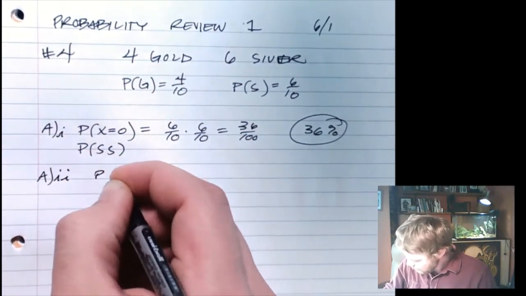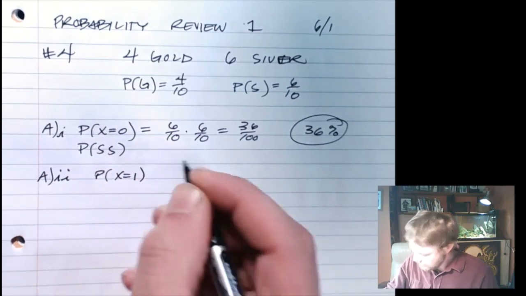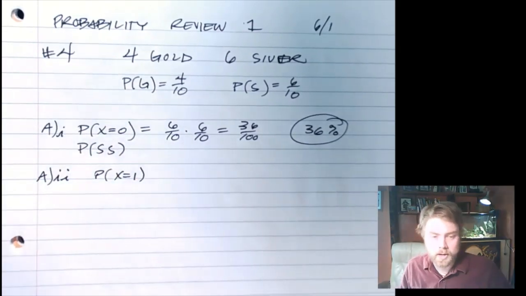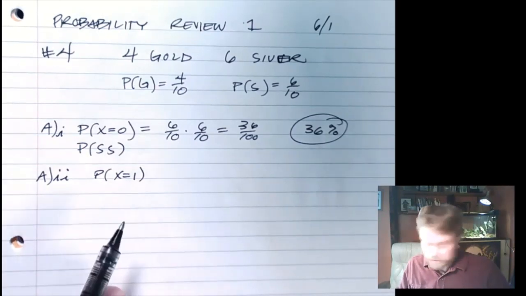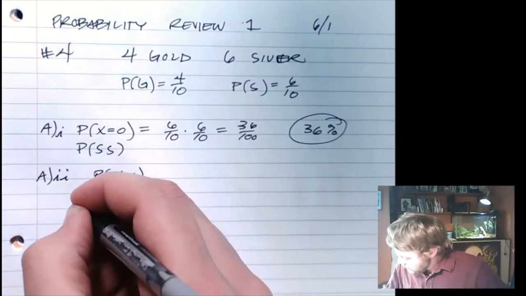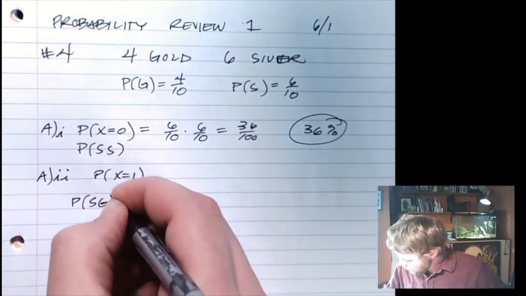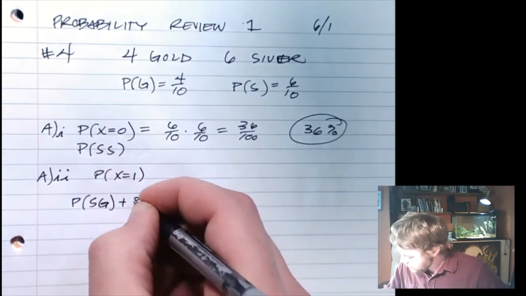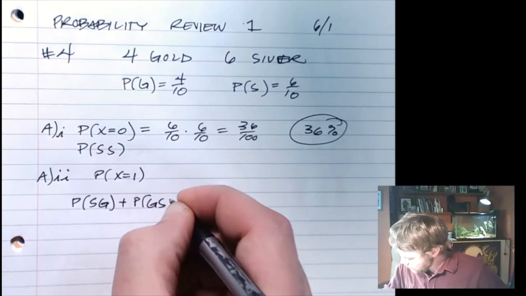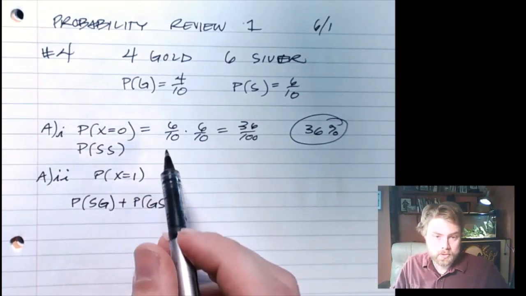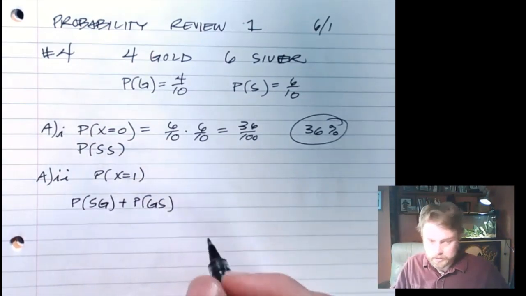Part II, probability x equals 1. Alright, so that means we could get silver gold or gold silver. And so now we'll do the same thing for each of these, but add them together.